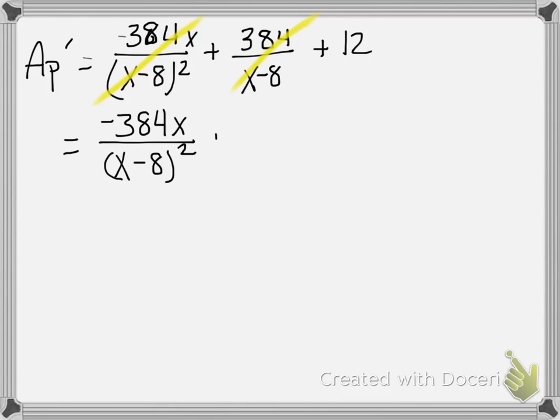So we take our second, which is 384 over x minus 8, and we multiply the top and bottom by x minus 8, and just multiply straight across.